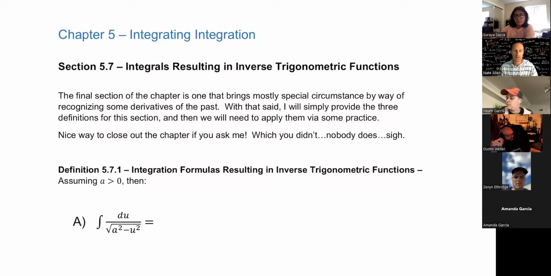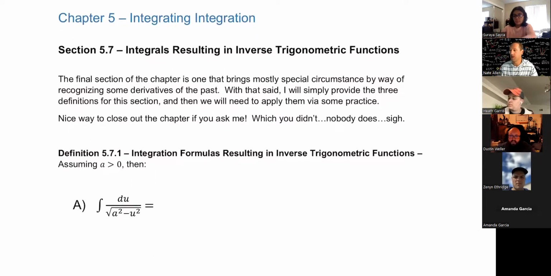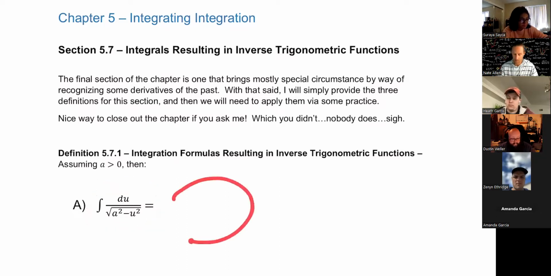All right, so this final section, nice way to finish, wrap it up, very short. And of course, when we see things that look like this, we want to know what it's equal to. And if you can't guess by the name of the section, I'm going to simply give them to you right now.